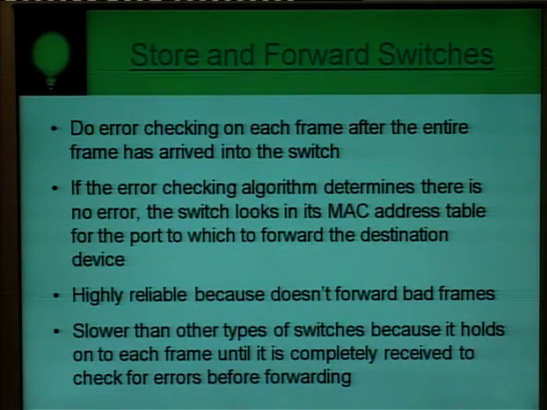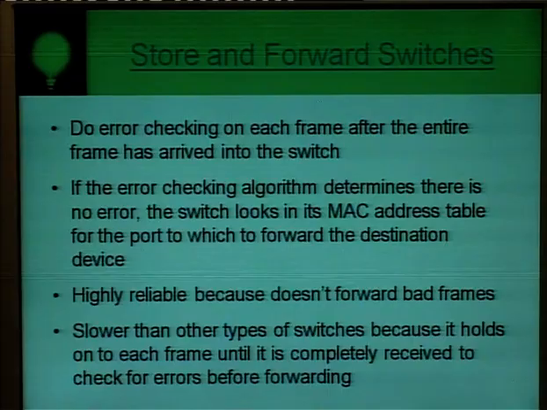If the error checking algorithm determines there is no error, the switch looks in its MAC address table for the port to which to forward the frame for the destination device. It is highly reliable because it does not forward bad frames, and slower than other types of switches because it holds on to each frame until it is completely received to check for error before forwarding.